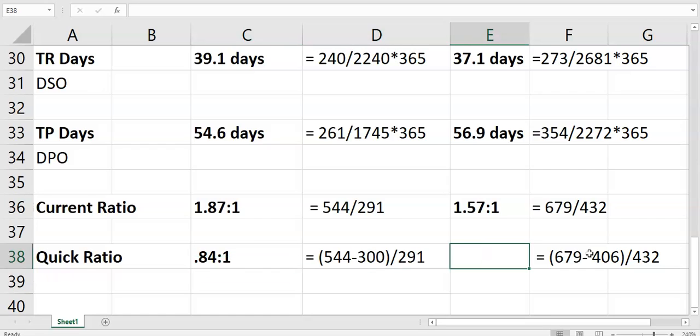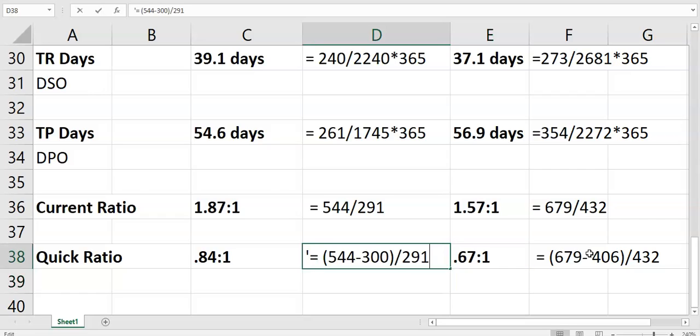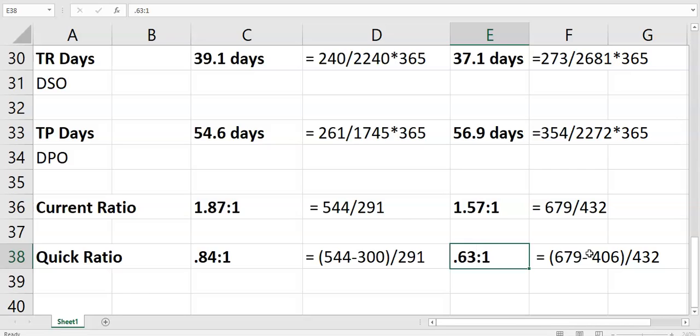And this year, 679 minus 406 divided by 432 is 0.63. So we're saying liquidity again has deteriorated.